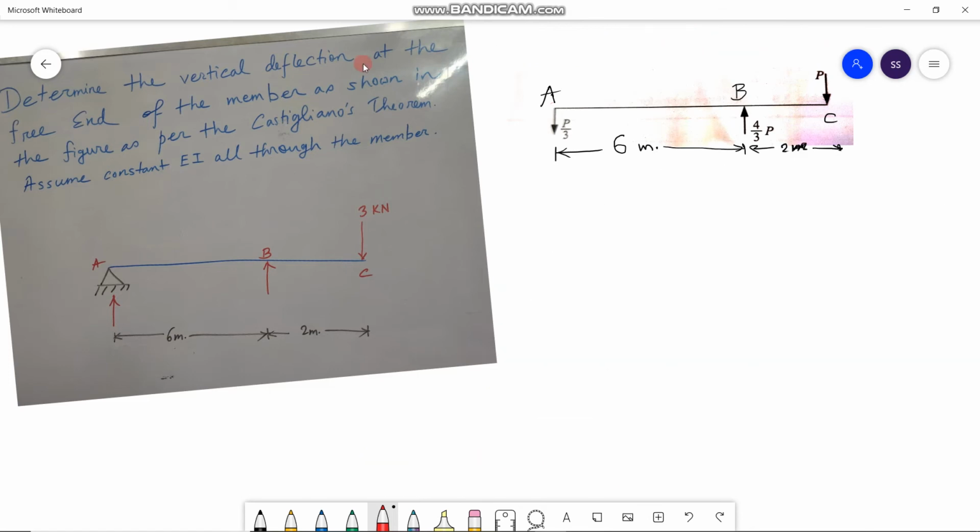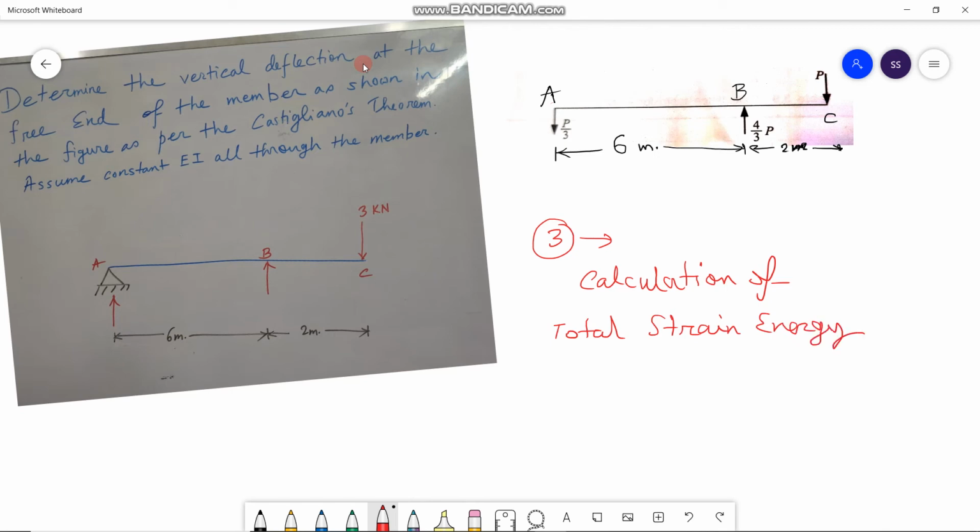So the next step, that means step number 3, is the calculation of total strain energy, means the internal energy, using the formula, as we mentioned, U equals integration 0 to L, M square by 2EI dx.